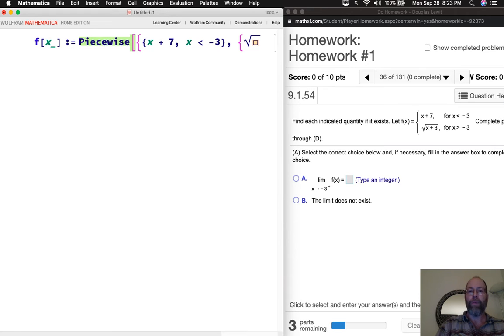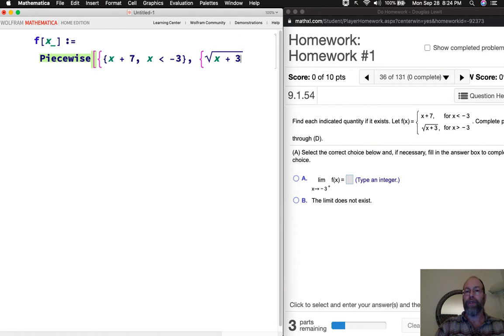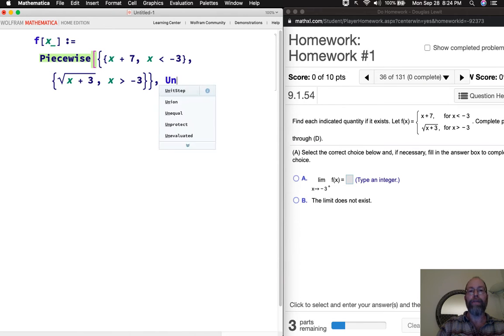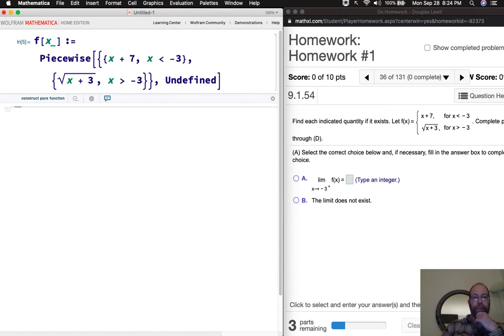Once again, guys, control 2 gives me the square root symbol. x plus 3 when x is greater than -3, and otherwise our function is undefined. Shift Enter. Okay, terrific.